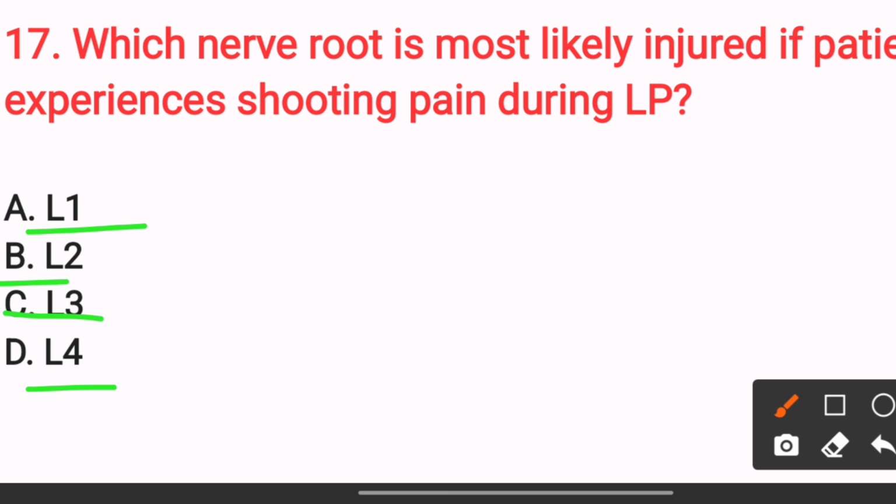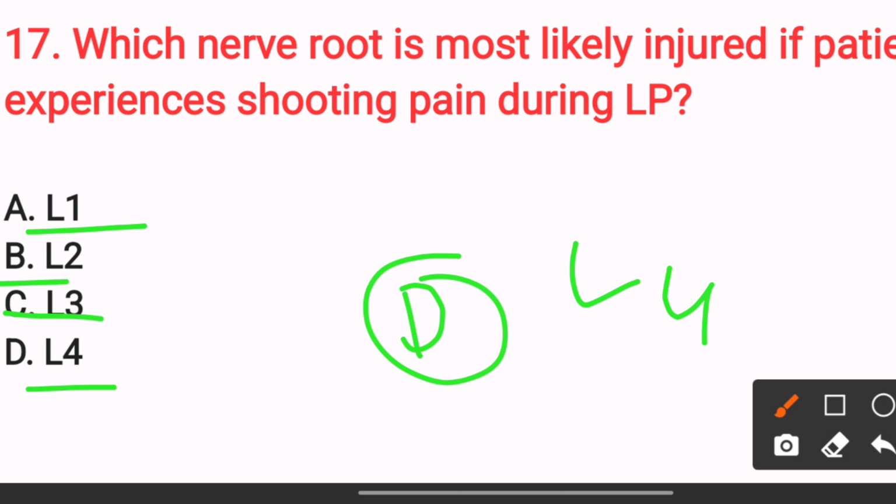The answer will be option D, L4, because injury to the L4 nerve root can cause shooting pain along with the leg. Due to this, careful technique minimizes the risk. If you take care of the patient carefully, that can help to reduce and minimize the risk.